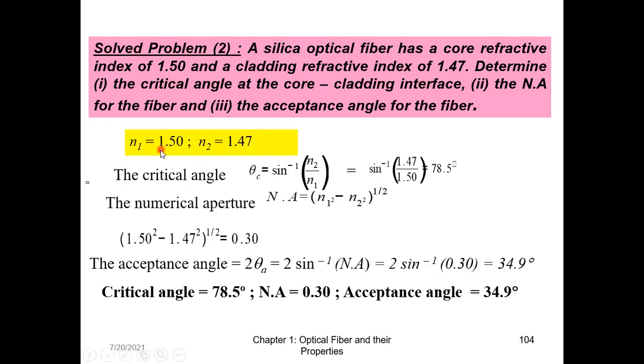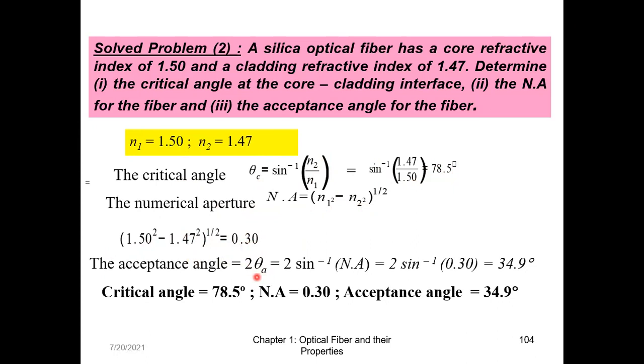Okay, so N1 is 1.5, N2 is 1.47. So critical angle phi C is sine inverse N2 by N1. As we substitute the values, I get 78.52 degree. Then numerical aperture NA is square root of N1 square minus N2 square. Once I substitute that, the one which I calculated was 0.298, but here it is 0.30.